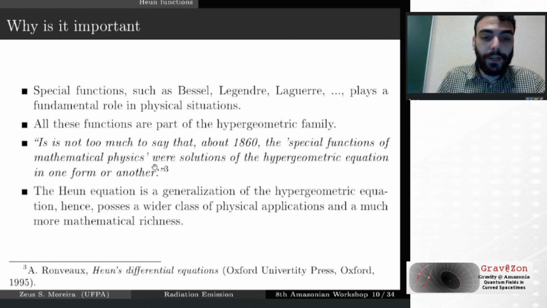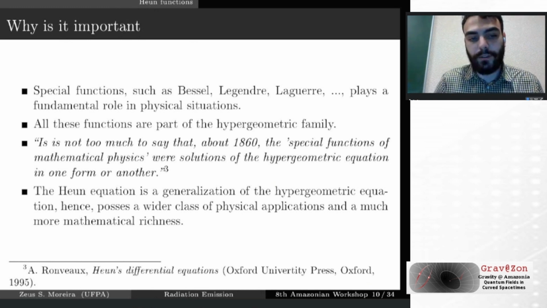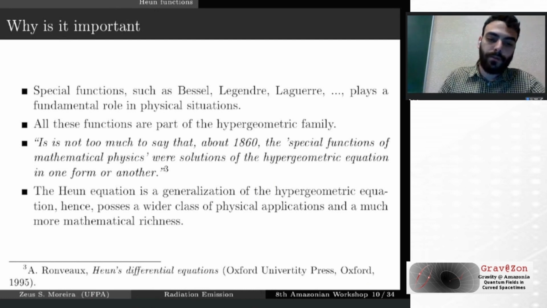And the Heun equation basically is a generalization of the hypergeometric equation, and hence possesses a wider class of physical applications and much more mathematical richness. So we can explore with the aid of the Heun functions a wider class of mathematical physics problems, and it is also a great avenue to explore pure mathematics as well.